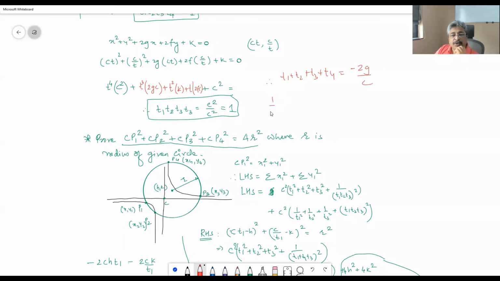And we want 1 upon t1 plus 1 upon t2 plus 1 upon t3 plus 1 upon t4, which is equal to t1 t2 t3 plus सगळे divided by t1 t2 t3 t4. So this is sigma 3 upon sigma 4. Now what is our sigma 3? This is sigma 1, this is sigma 2, this is sigma 3.